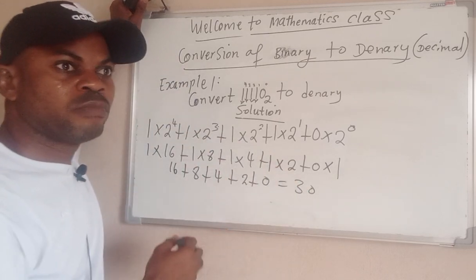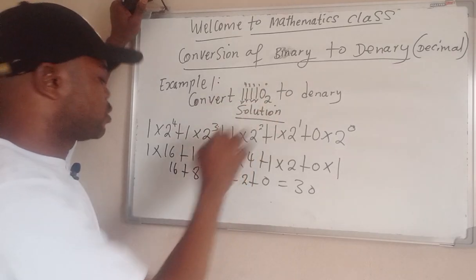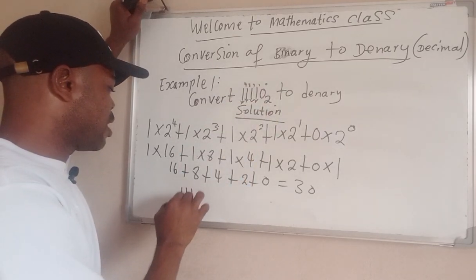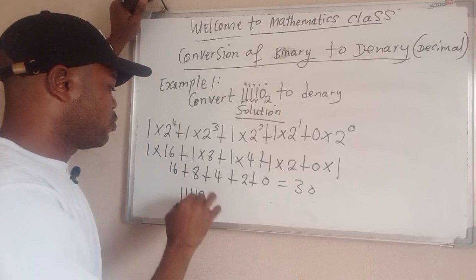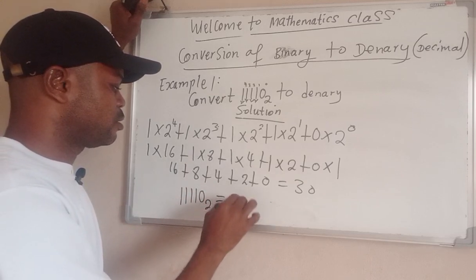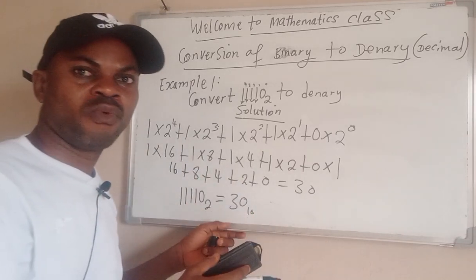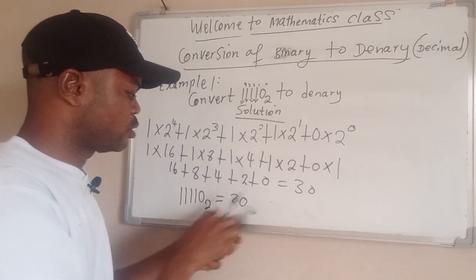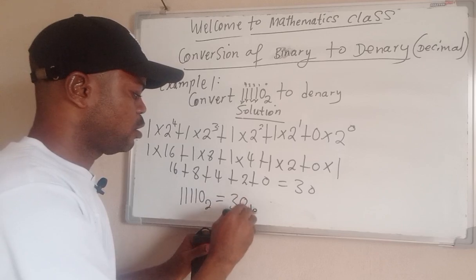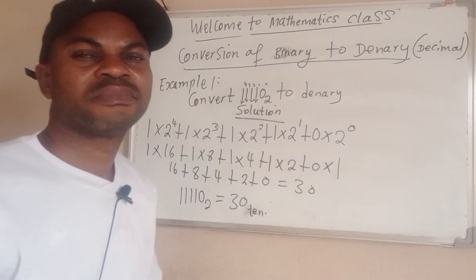Now you conclude by writing the final answer, which is, write the question first: 11110 base 2, when converted to base 10, gives you 30. Then you write 10 here, or write it in words, T-E-N. It's as simple as ABC.